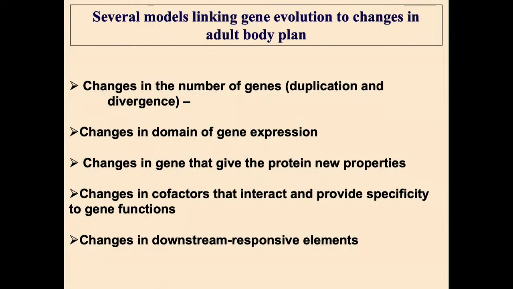Now, a reductionist approach to development is spatiotemporal regulation of gene expression, leading from a single cell to a multicellular complex system, where different cells take up different identities, although they have the same genome, right? And that's the logic in which we started, right?